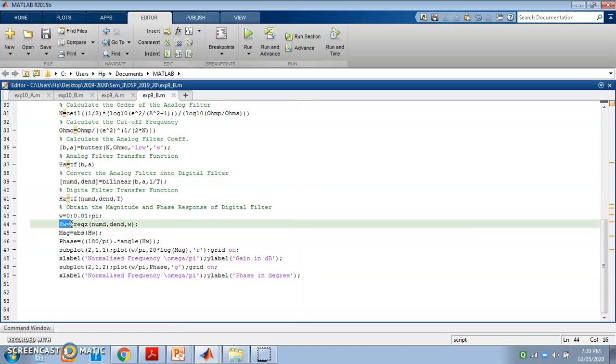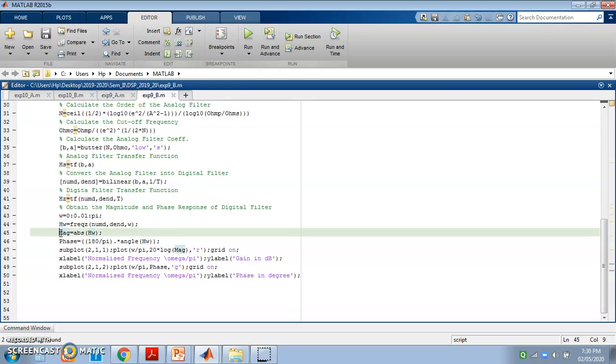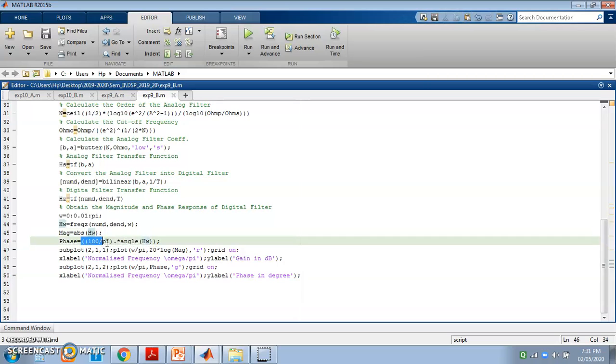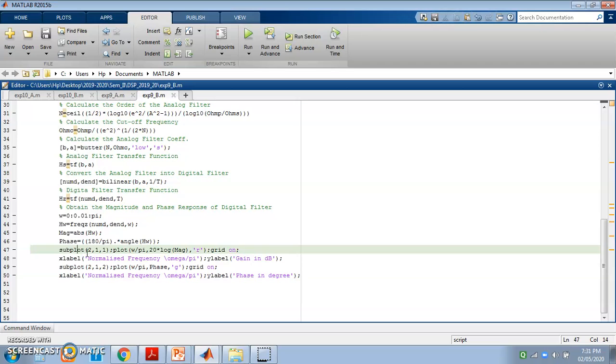And once I know the frequency response, I can split it into a magnitude part and phase part by using the command abs of h of omega, that is the magnitude term, and the phase of h of omega can be obtained by using the angle command, that is angle of h of omega, multiplied by 180 upon pi in order to convert those radian values into degrees. And the next is we make the subplot to have the magnitude and phase response.